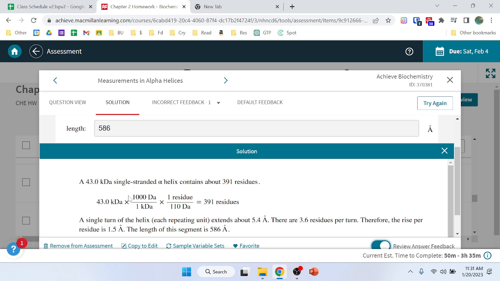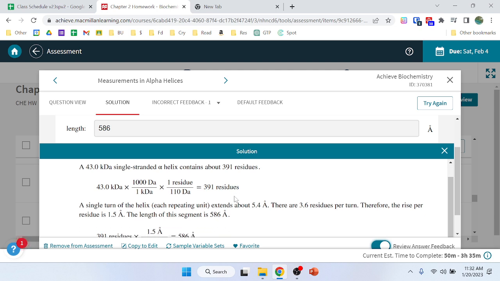Well, it's in kilo, right? So we got to get that out of kilo into daltons. So that's 1,000 daltons for 1 kilodalton, so there's 43,000. And then we have that number. One residue is 110 dalton on average. And so our average number of residues here is 391.